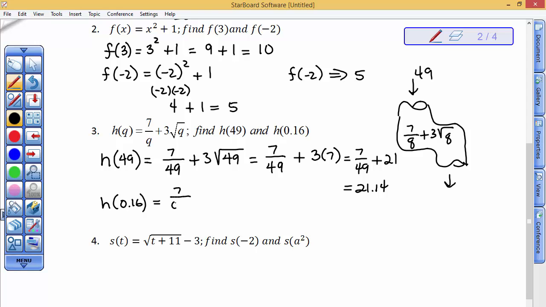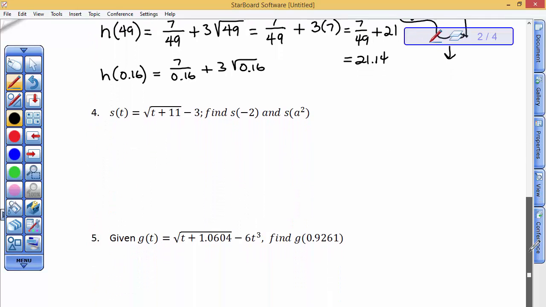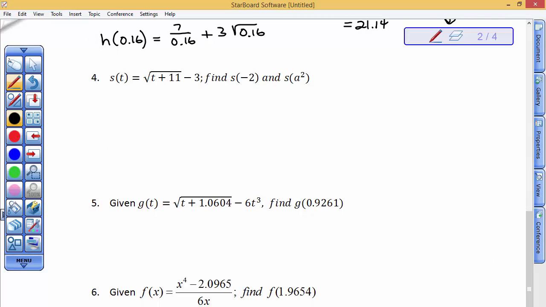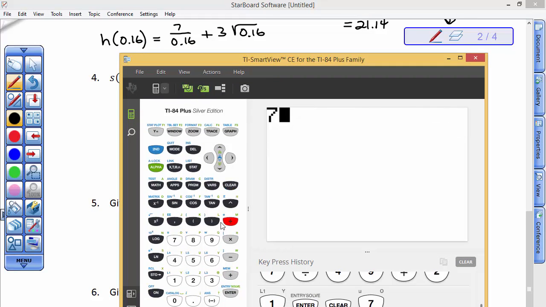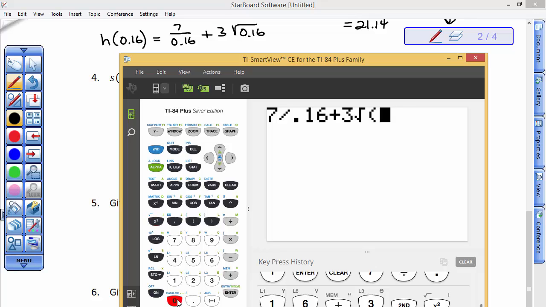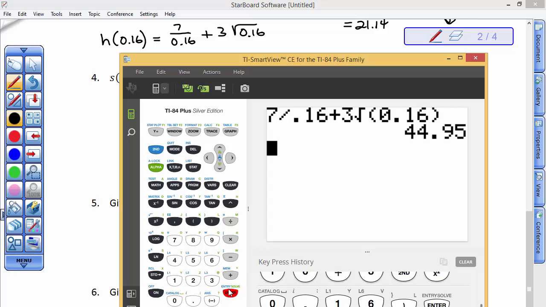So I'm just going to go ahead and type that in my graphing calculator, by just going 7 divided by 0.16, I don't need that 0, plus 3 times the square root of, second, and then there's a square root symbol right there. 3 times the square root of 0.16, and then I'm going to close my parentheses, and I get 44.95. So I'm evaluating functions, but I'm just going ahead and doing it with my calculator.